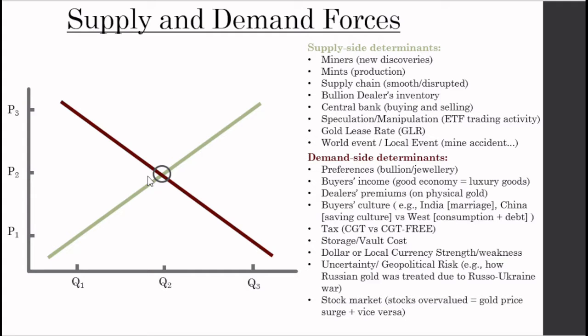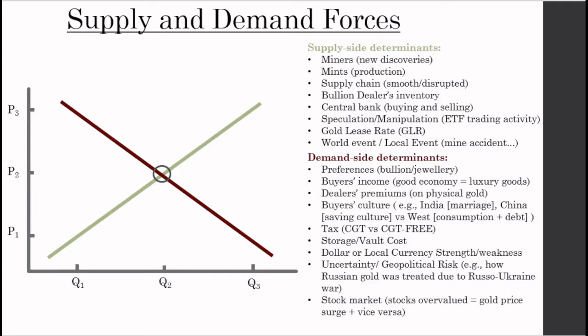This is the point at which supply and demand, which represent the plans of both agents in the market, intersect. So that means that our equilibrium price in this diagram is P2 and our equilibrium quantity is Q2.